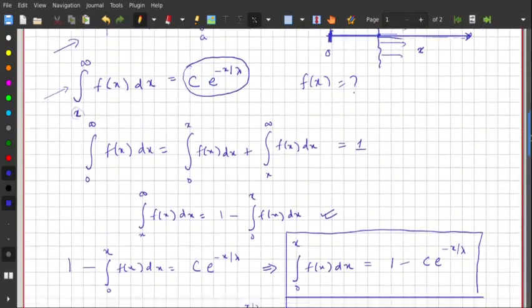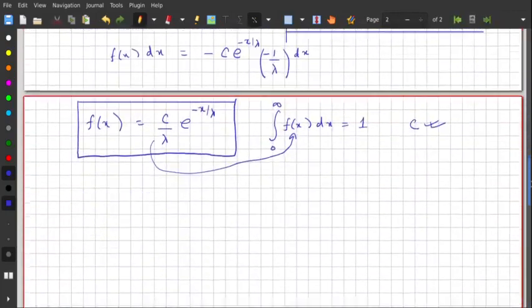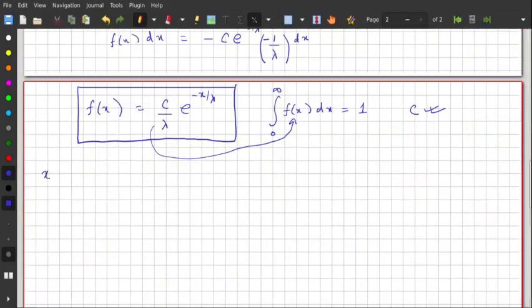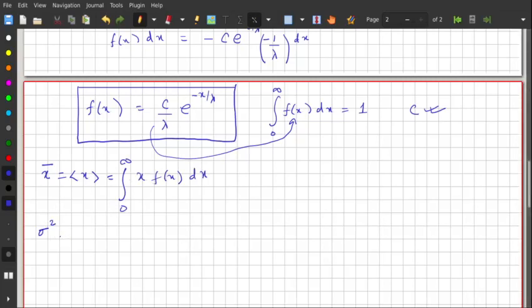Okay, and similarly, if it is asked, find out the mean x bar or the expectation value of x, that's even straightforward given that we now know f(x) properly. So this is integral 0 to infinity x f(x) dx, and if it's asked, calculate the variance or the standard deviation, so we know the variance is the mean square, minus the square of the mean.